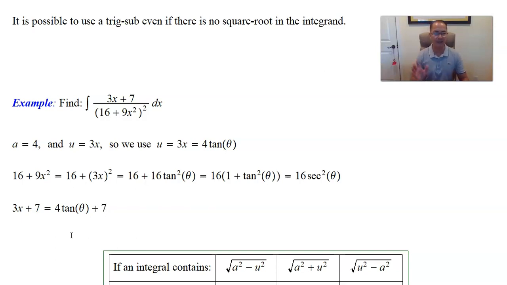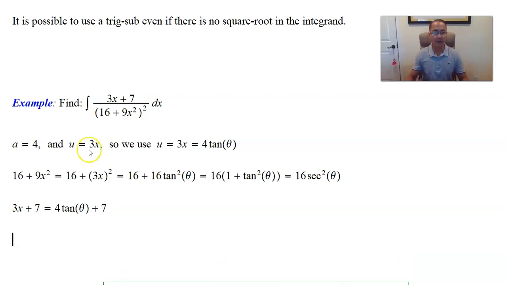Okay, so if it were 4x plus 7, let's say, then you'd have to solve for x and then plug it in. Just avoiding some complications. But we also need dx. So we take this down.